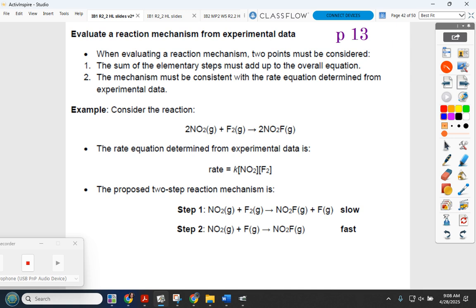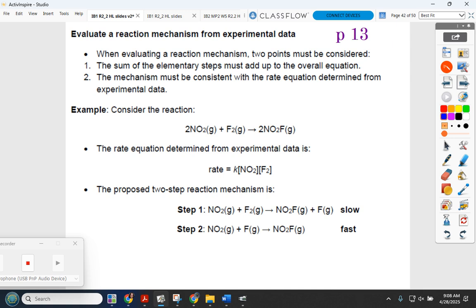Which, again, you wouldn't think was necessarily the case if this was an elementary reaction. You would think it would be second order with respect to NO2 because of the coefficient here, but that's one way you can infer that this is not an elementary one-step reaction, okay?